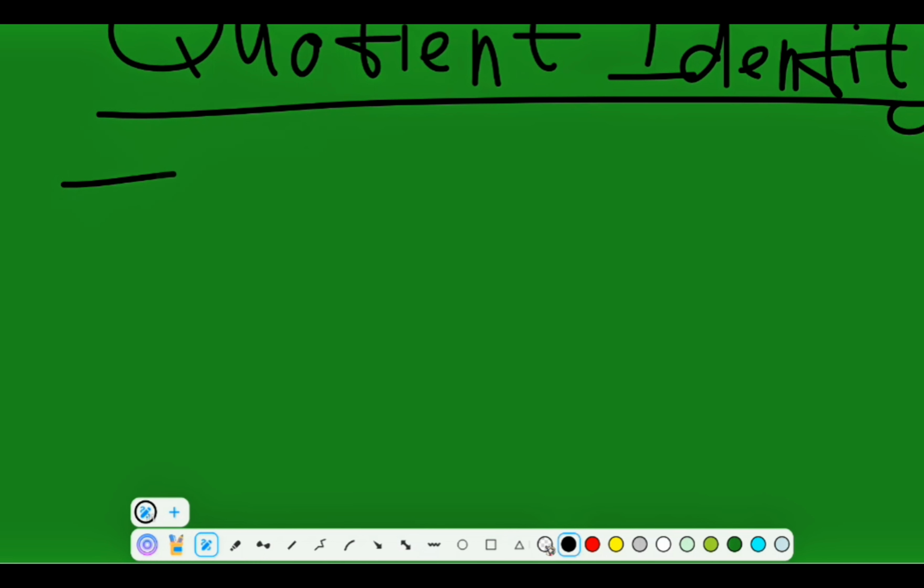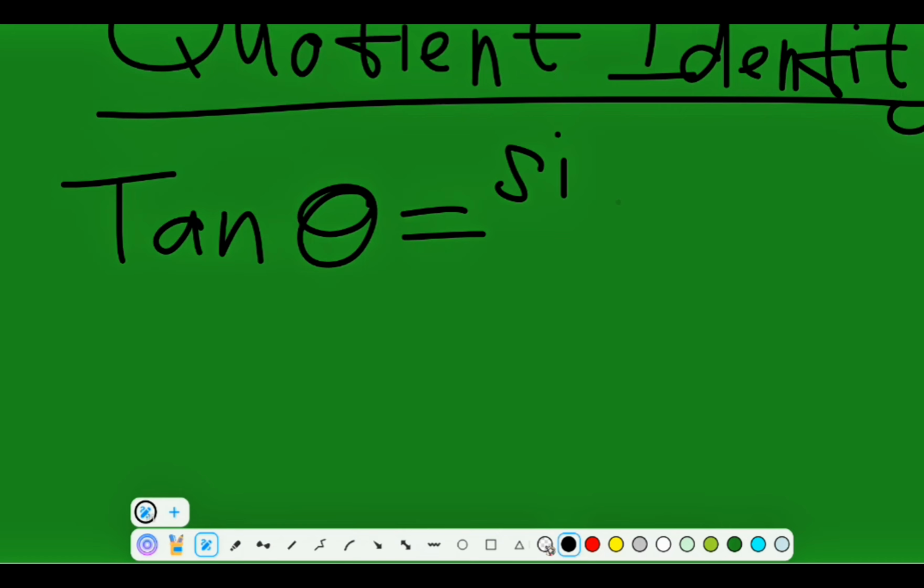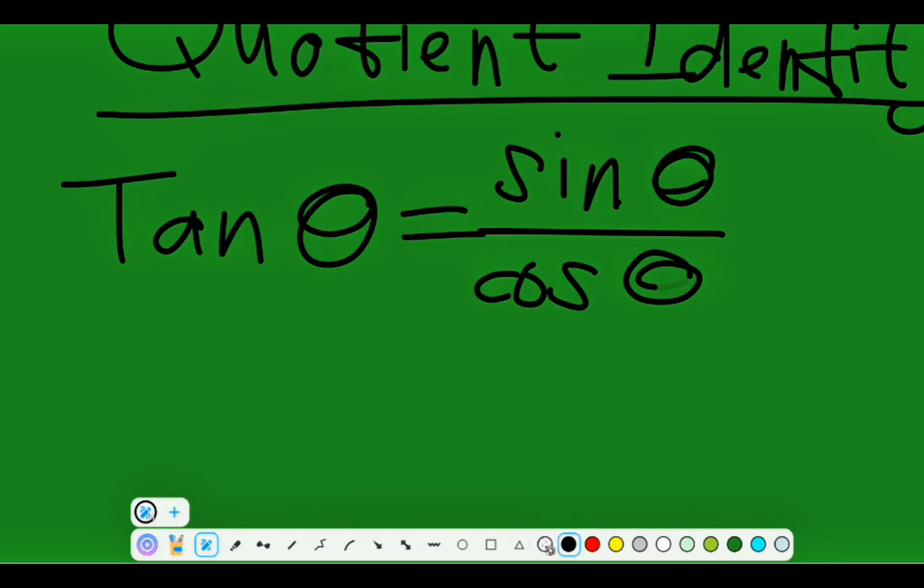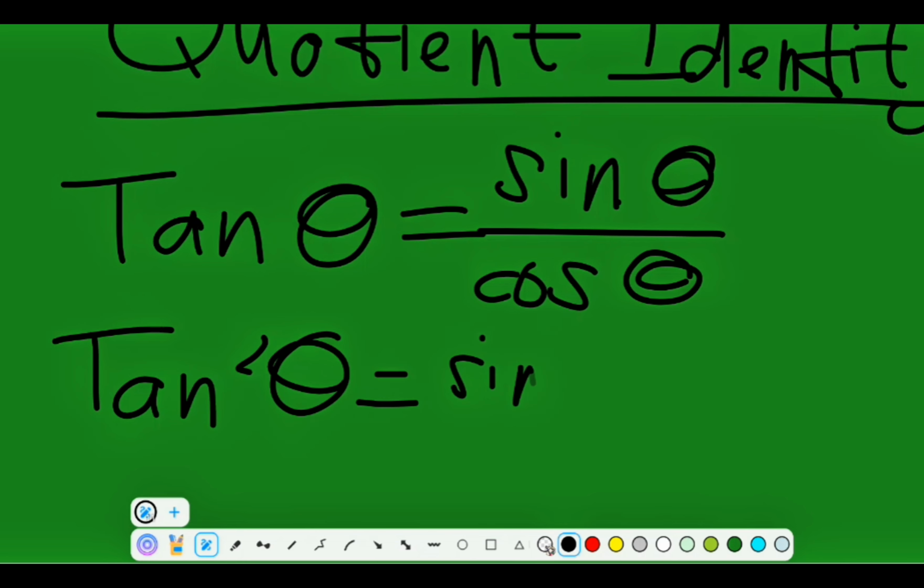Tangent theta is equal to sine theta over cos theta. This right here is what we call a quotient identity. Quotient is division. So whenever you see sine theta over cos theta, you should automatically know that it's equal to tangent theta. Tangent squared theta is equal to sine squared theta over cos squared theta.